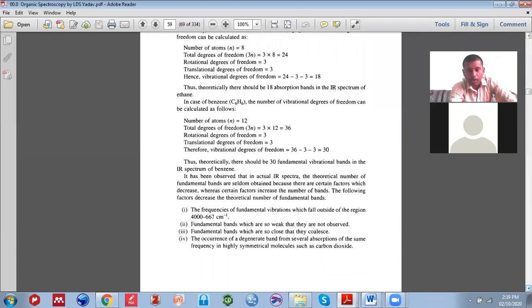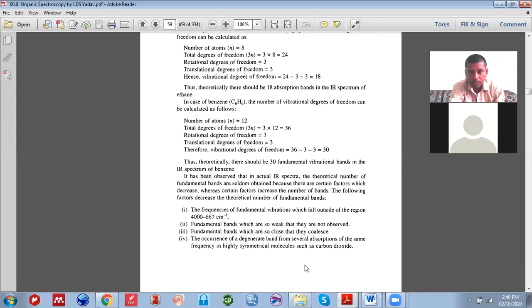Now a very important point: the following factors decrease the theoretical number of fundamental bands. The frequencies of fundamental vibrations may fall outside the region 4000 to 667 cm⁻¹. Fundamental bands may be so weak that they are not observed. Fundamental bands may be so close that they coalesce, meaning they merge.